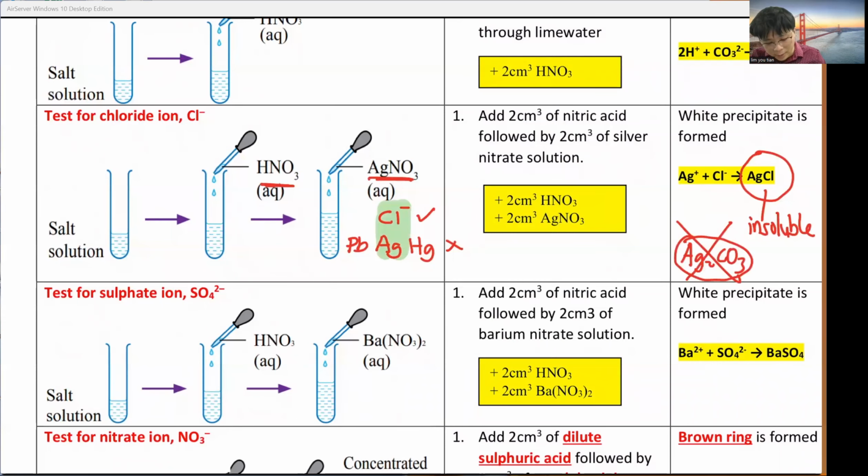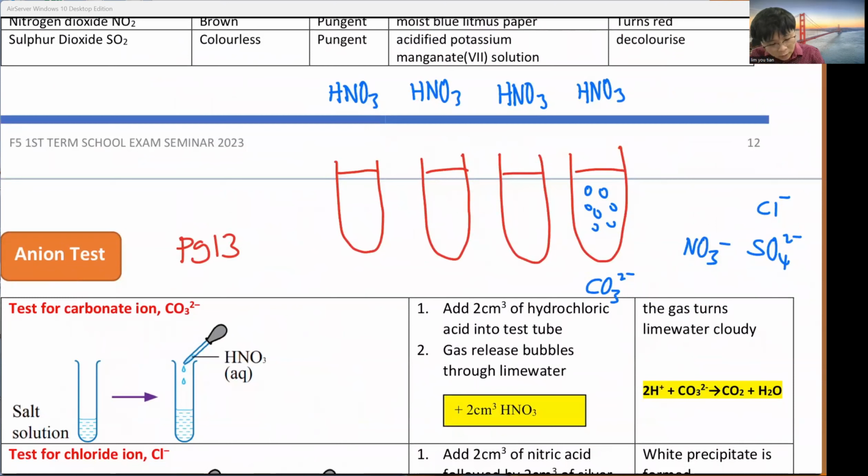Okay, so it's just an example. We talk about these 4 test tubes. Confirm inside no carbonate, because these 3 didn't come out bubbles when you put nitric acid. So the nitric acid is to make sure inside no carbonate first. Then if you put in silver nitrate, and it comes out a white precipitate here, then we know this is chloride, because we know that Ag and Cl is not soluble.